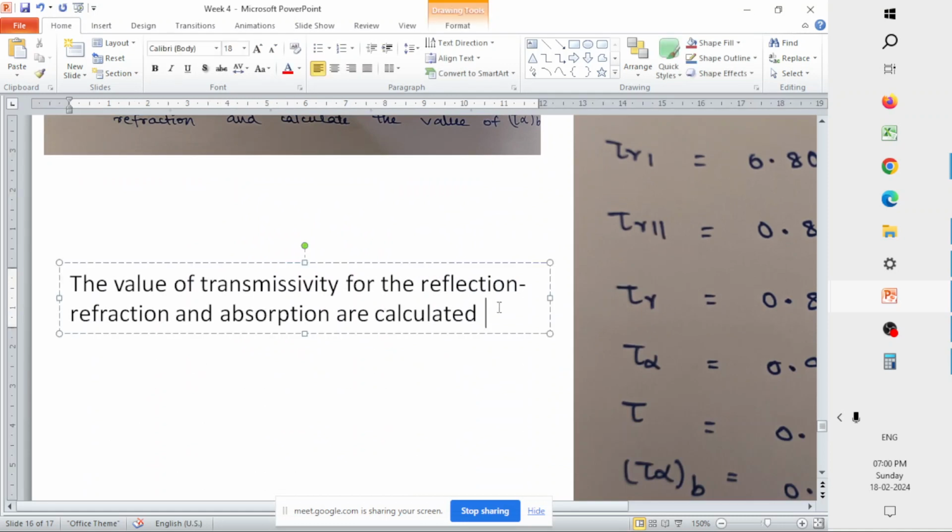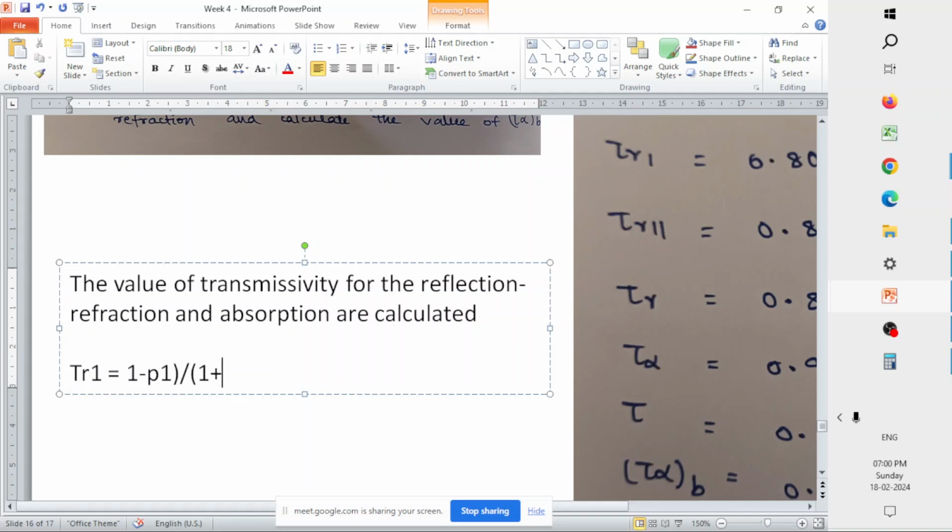So since it is 1, your formula for tau r1 is nothing but 1 minus rho 1 divided by 1 plus rho 1, and your tau r2 will be 1 minus rho 2 divided by 1 plus rho 2.